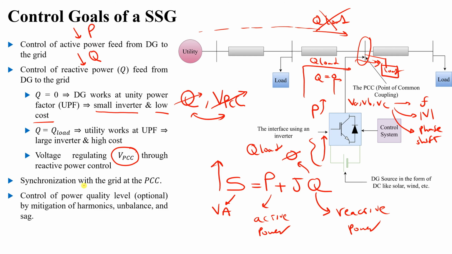Another part, which is optional or ancillary services, is that we can control the power quality level. We can mitigate harmonics, unbalance in the electrical systems, and voltage sag. Okay, these are optional, and we are not going to focus on them in this course. What we are concerned with is how to achieve these main goals.